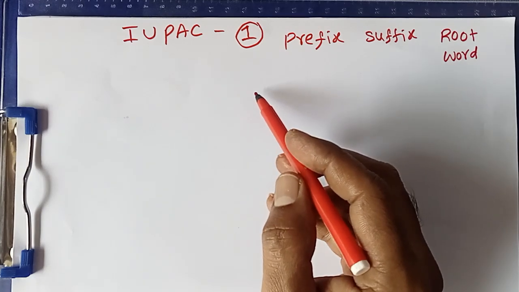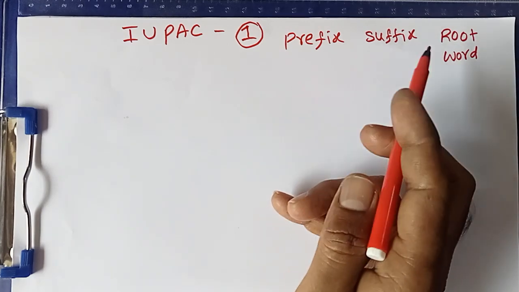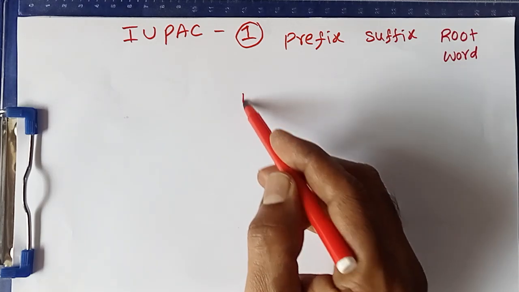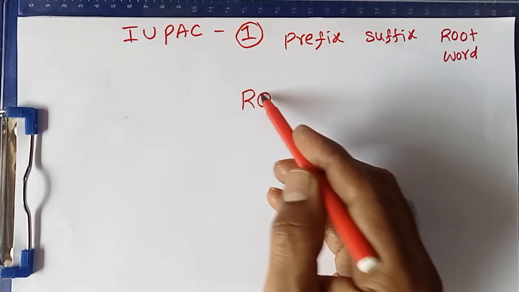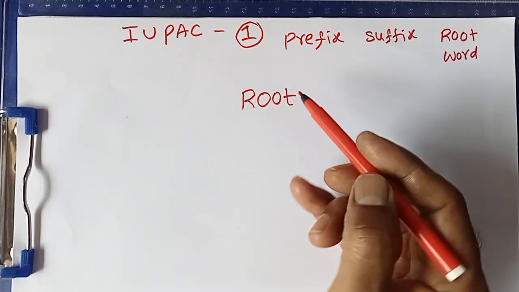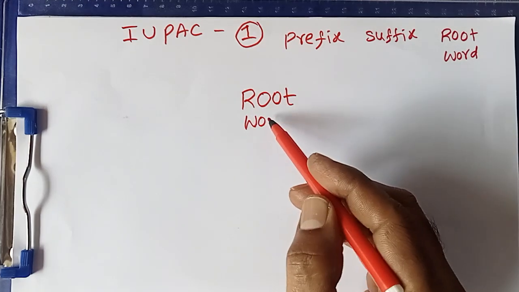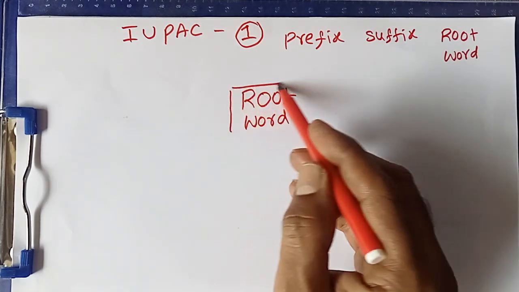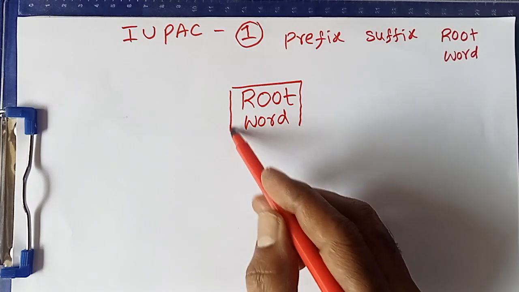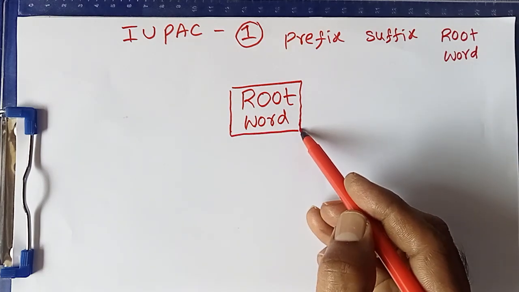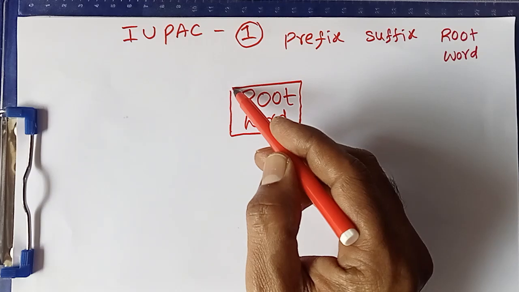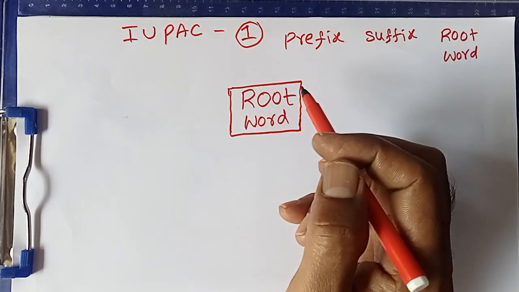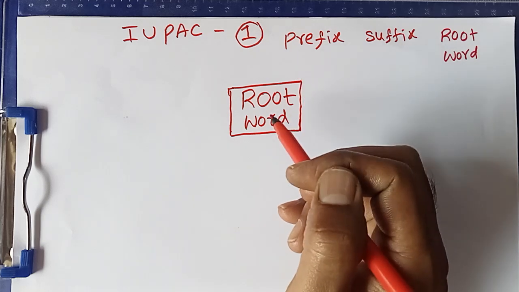So first, the root word you take, it is the middle part. Middle part means center part. Make the box, just make the box for root word. And we know the meaning of pre.